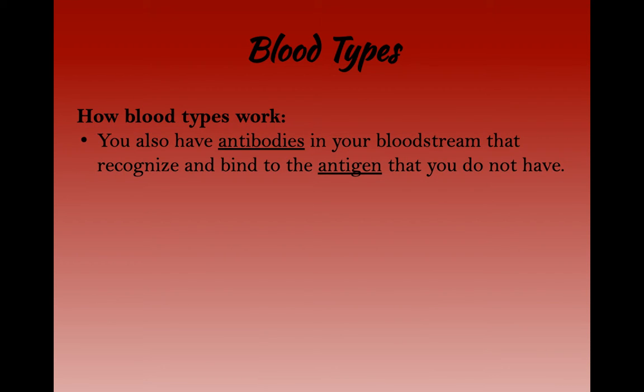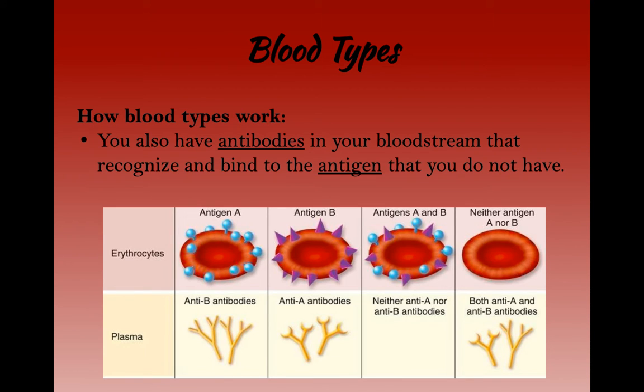The other thing that happens is you get antibodies in your bloodstream that recognize and bind to the antigen that you don't have. So if you have type A blood, you've got A antigens on the surface of your red blood cells, but then you've got antibodies against B in your blood.